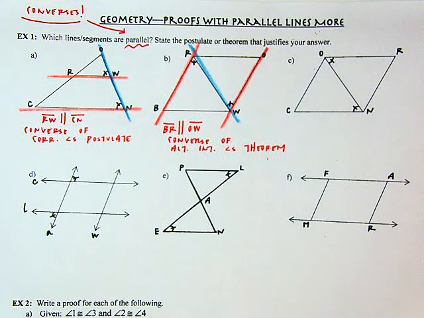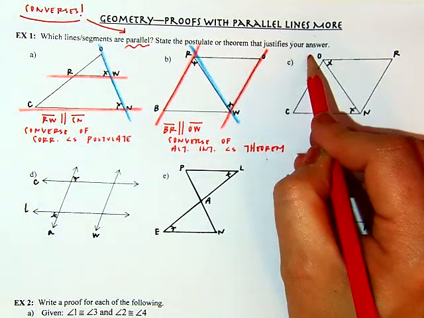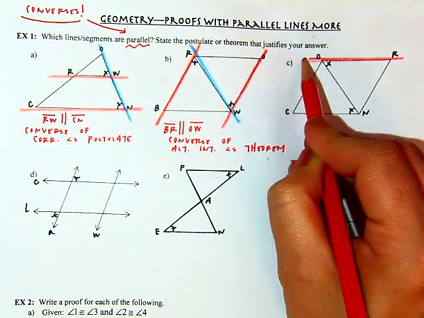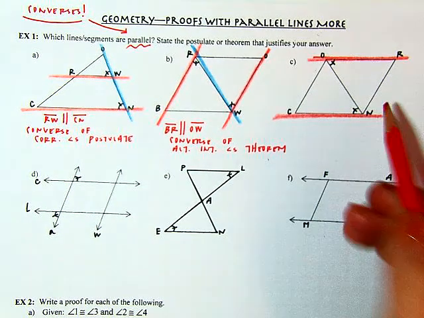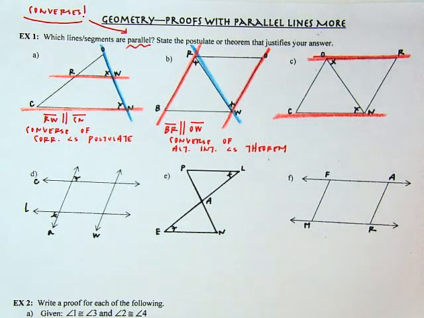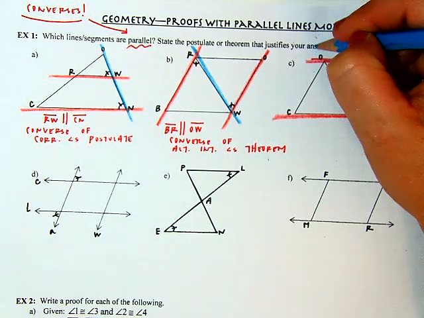All right, looking at the next one here, I'm trying to figure out what would be my parallels, what would be my transversal based on the angles that are marked, and it would have to be this pathway right here and this pathway here, with this transversal.